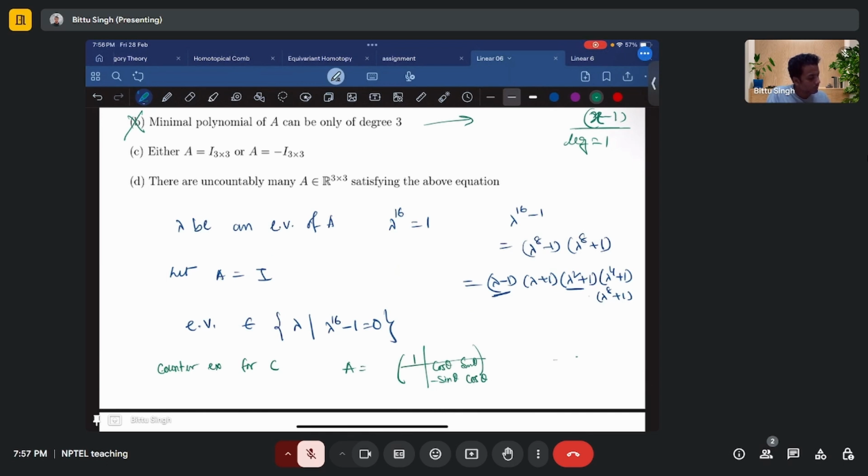Their sum is 2 cos theta, and their product is 1. Right. So from here eigenvalues are given by this equation.